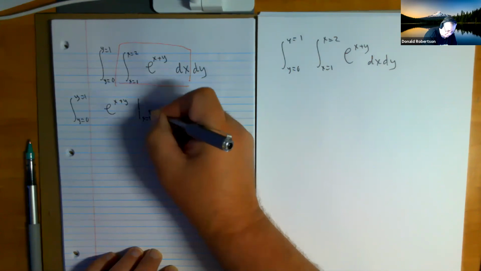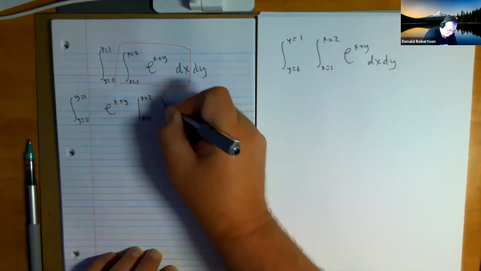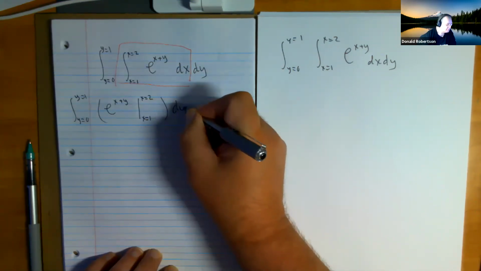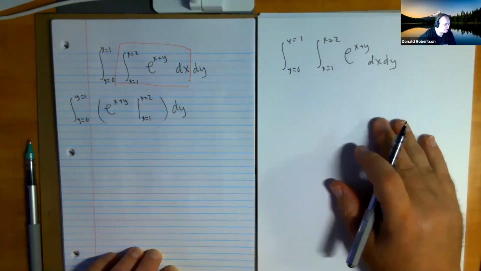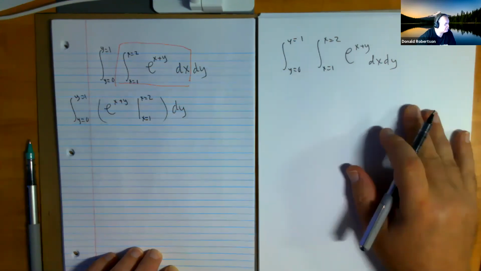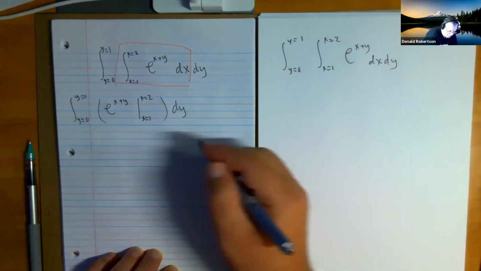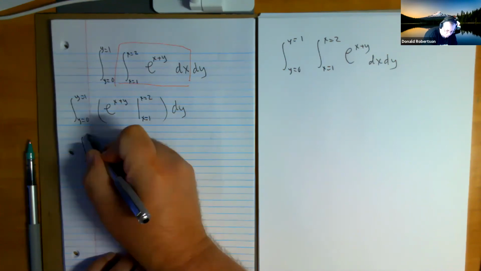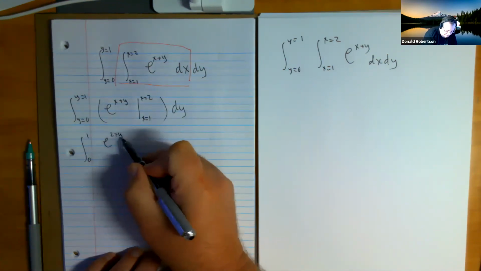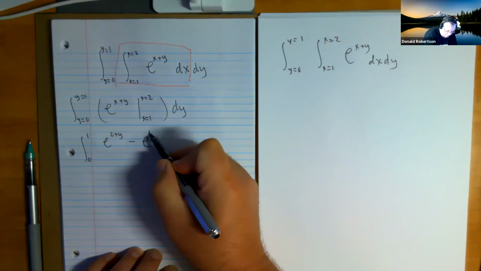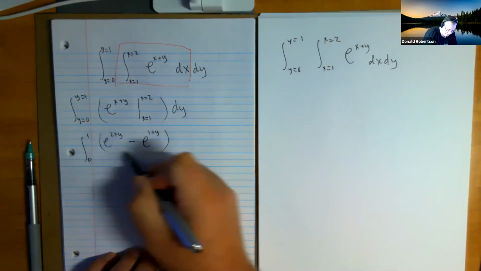You go from x equals 1 to x equals 2, dy. Are you comfortable with e to the x plus y is just e to the x plus y, right? Now, that's going to be the integral from 0 to 1. If you plug in 2, you get e to the 2 plus y. Take away, if you plug in 1, you get e to the 1 plus y, dy.